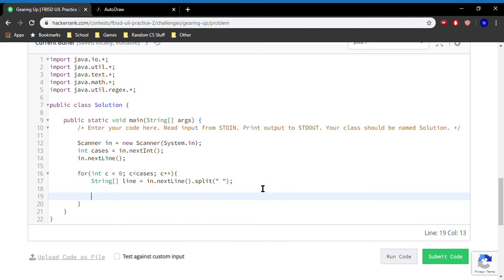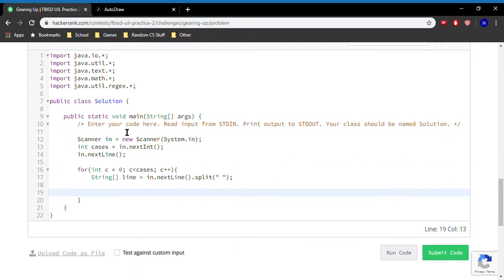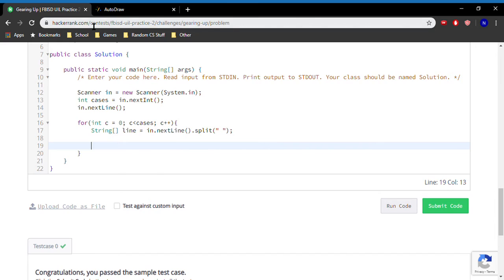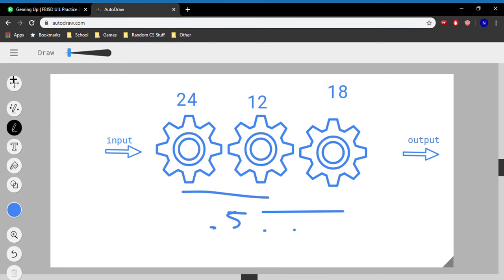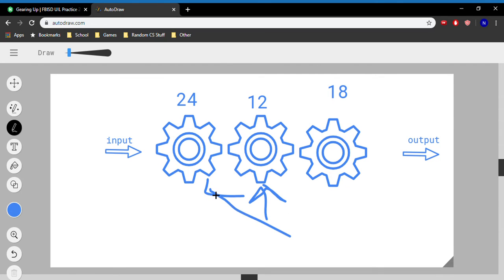Okay, then we want to go through the whole chain and look at each pair and find the gear ratio for that. There's two ways we can do this. We can start here and look at the next gear in the chain and find the ratio for that. Or we can start here, look at the gear before it, and find the ratio there.